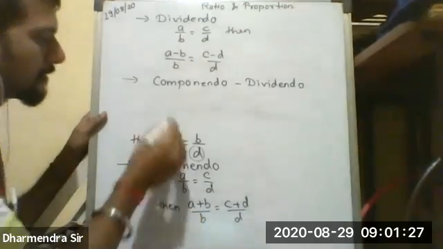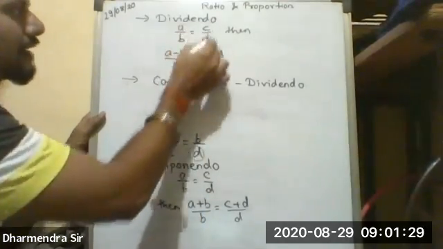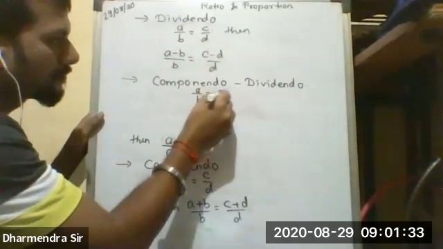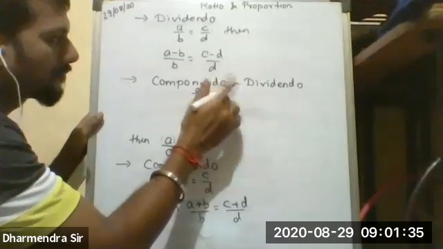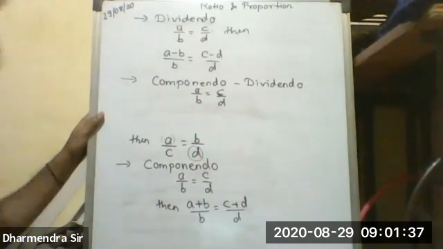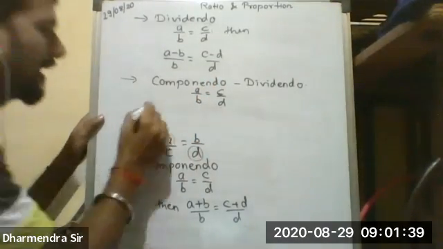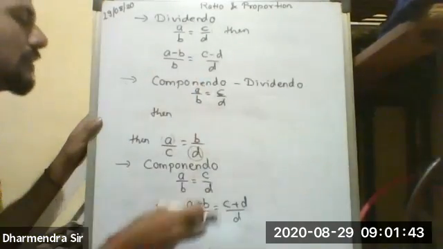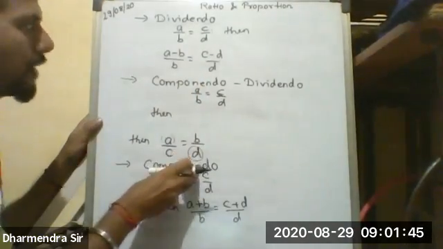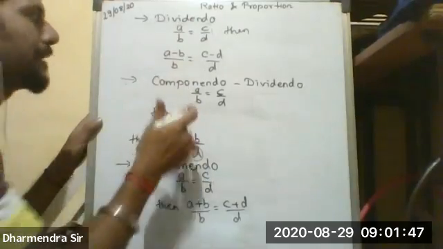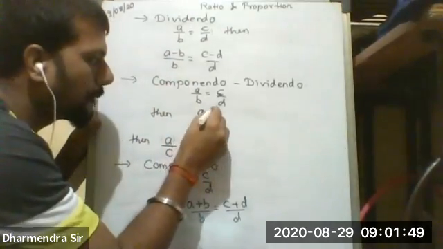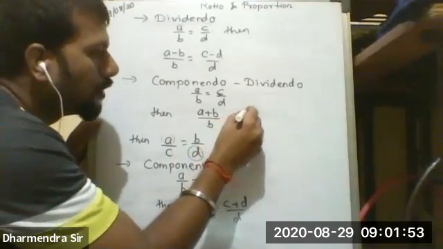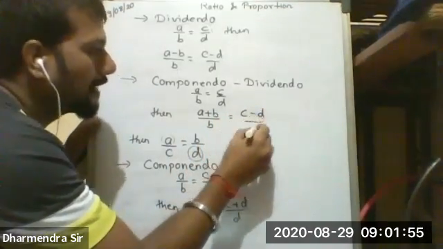If we are having A by B equal to C by D, then you have to apply both the operations, that is componendo and dividendo, at the same time. So what will happen? Componendo: A plus B divided by B is equal to C plus D divided by D.